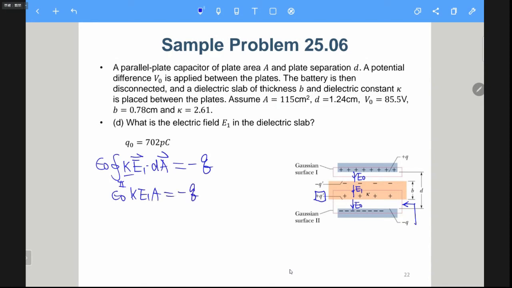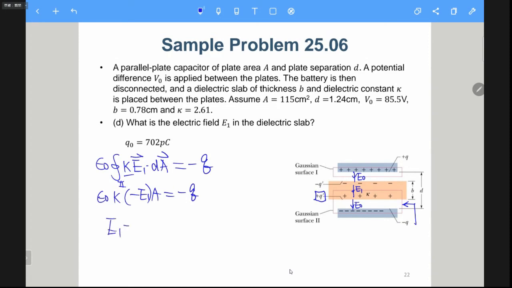Or maybe you can directly write a minus sign here, so it is like kappa minus E1. So it makes E1 a positive value, which is the magnitude of the E field.